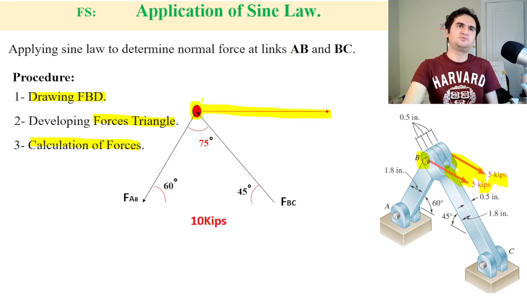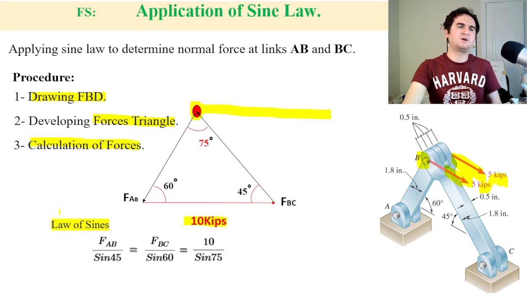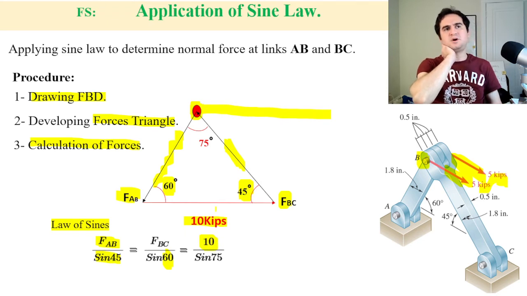Then to create my triangle, I just shift it down here to get the benefit of the law of sines. The law of sines says FAB over sine of 45 is equal to FBC over sine of 60 is equal to the resultant force of 10 kilopounds over sine of 75.